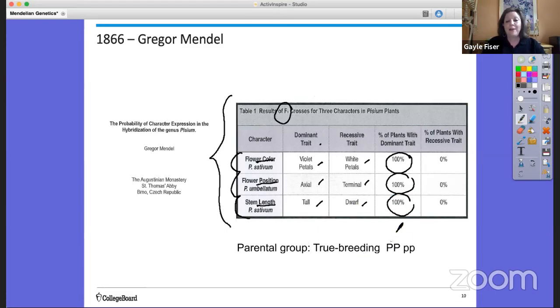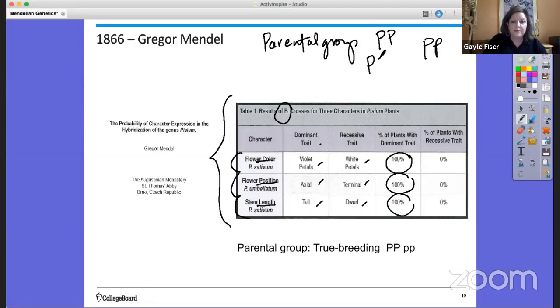So the parents of this F1 cross, our parental group, were true breeding. Okay, look, we're going to do this. If I have P's, I'm going to put a little line under that for lowercase.